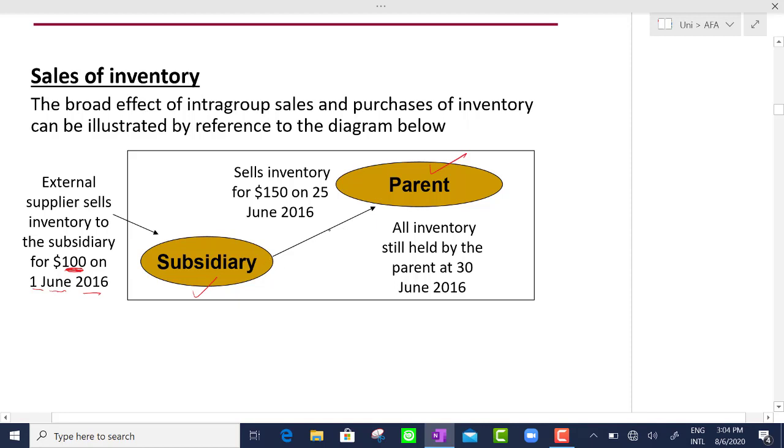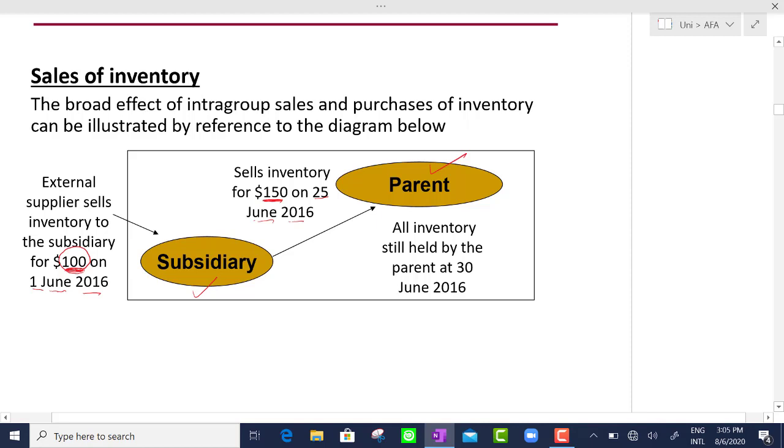The subsidiary company has sold this purchased stock to its parent, but not at the cost. It was bought for 100, that is the cost to the subsidiary company, but it has been sold to its own parent company for 150, on 25th June 2016, subsequent to the purchase.